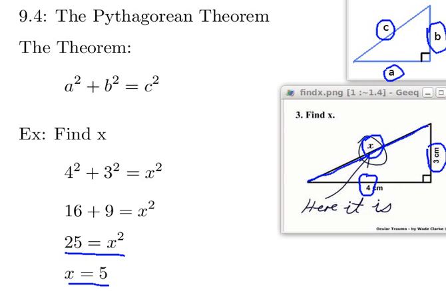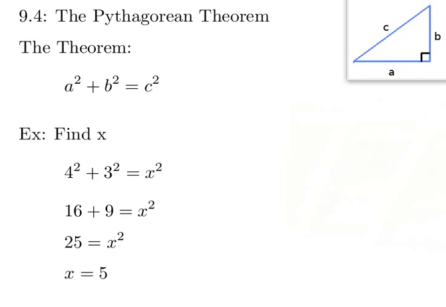Now let's go to a variation on that classic problem. So let's go ahead and get rid of this. We're going to do something very similar, but not exactly the same. Let's say that, for example, if we have that b is equal to 3 and 5 is equal to c.